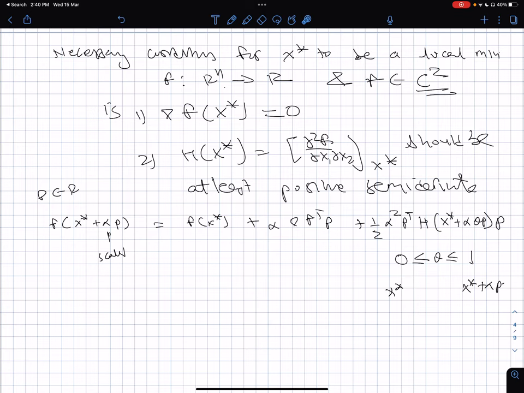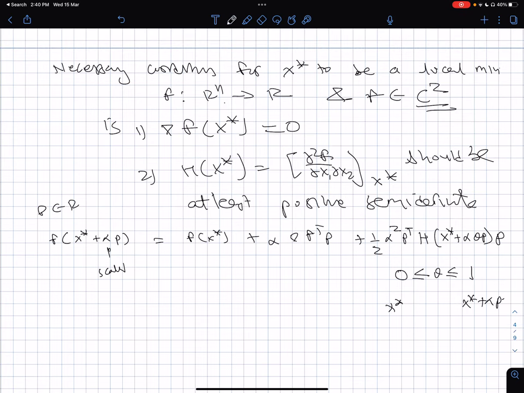Now the necessary conditions for the minimum is that condition for x star. The way it is said is, if x star is a local minimum, then it must satisfy these two properties. What are these two properties?